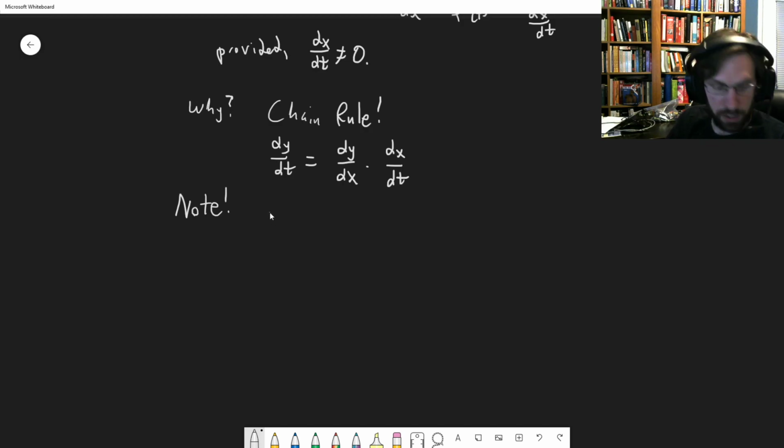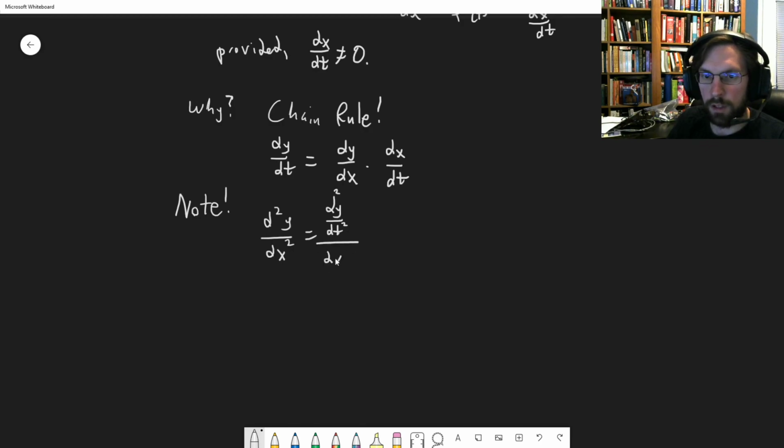The temptation is to say that the second derivative is just going to be d squared y/dt squared over d squared x/dt squared. So just take the second derivative of the numerator and the second derivative of the denominator, and in fact this is not true. Don't do this.